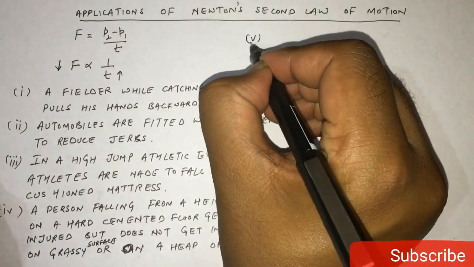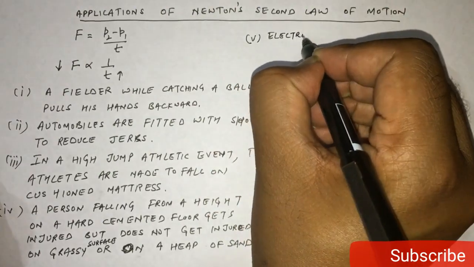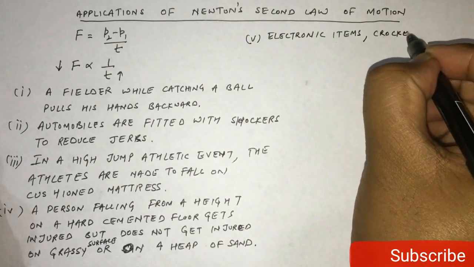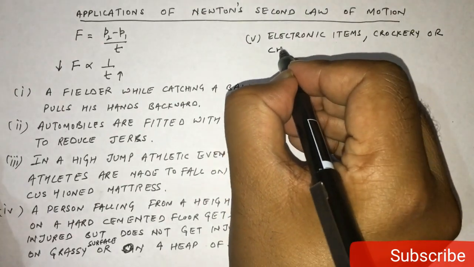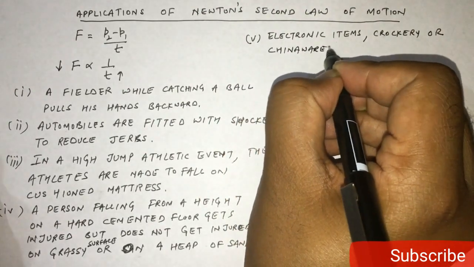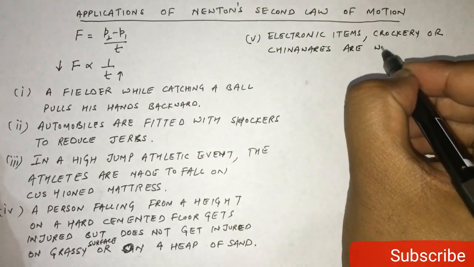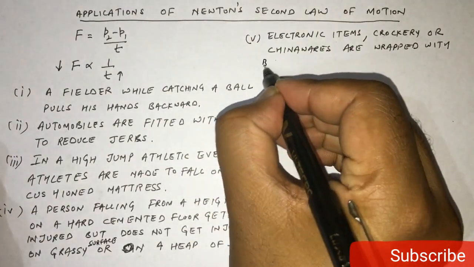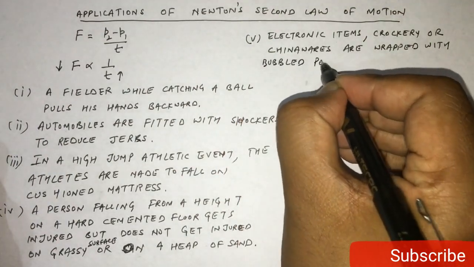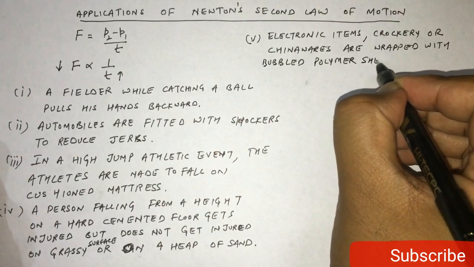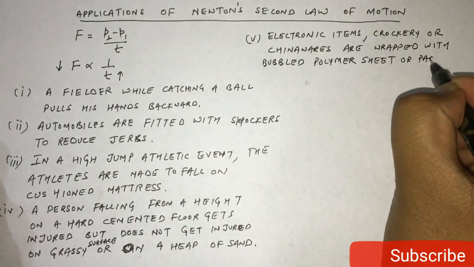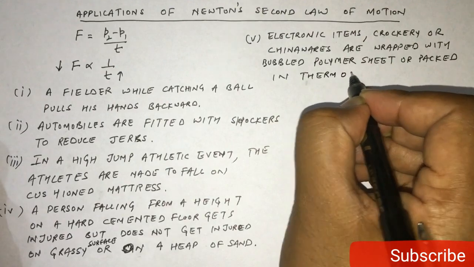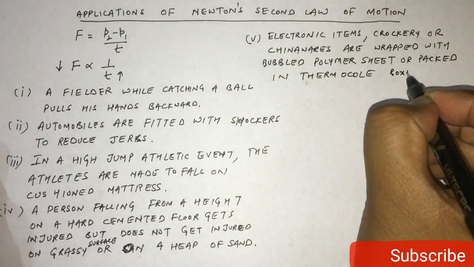The fifth application is electronic items or crockery or chinaware are wrapped with bubbled polymer sheets or packed in thermocol boxes.